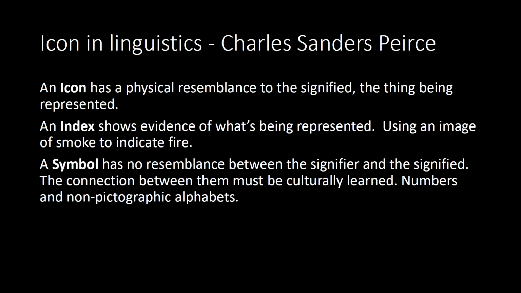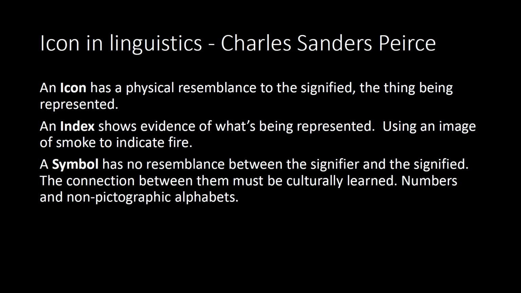I guess this speaks to pictographic alphabets, where the icon is the pictogram, and it might resemble the thing that is being signified. So the icon that represents the tree resembles the tree, perhaps, in a pictographic alphabet.